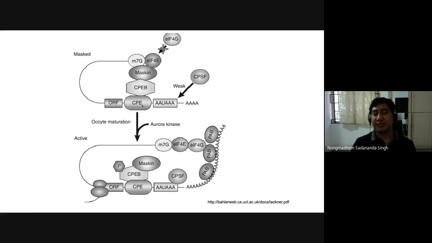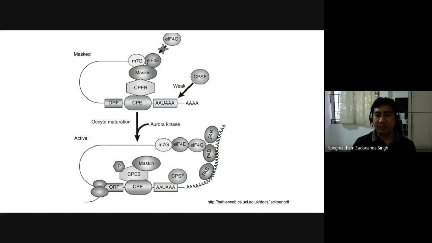But when this cell progresses to a certain stage of the cell cycle, in this case Aurora kinase, I think it is a cyclin dependent kinase, phosphorylates the CPEB and doesn't allow the interaction of eIF4E with Maskin.